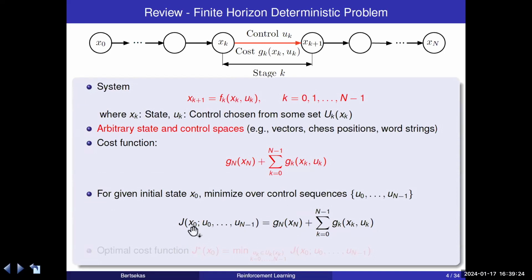So it depends on x0 and all the controls. And what we want to do is find the optimal cost function, minimize over all sequences of controls that are feasible. And after we do that, what's left is a scalar that depends on x0. It's effectively a function of x0, and we call it the optimal cost function. It's a very fundamental object in this problem formulation.